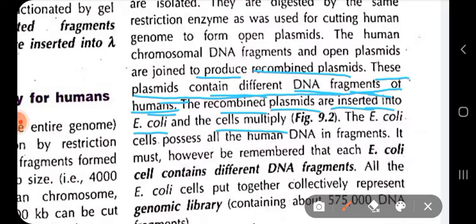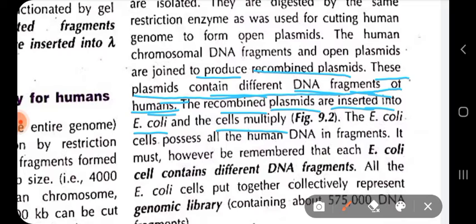So when the E. coli cells are dividing rapidly, the plasmids which have been constructed, where we have inserted our desired DNA, also multiply. They will replicate using their replication machinery, and so our desired DNA fragments will also multiply, including the other fragments as well.